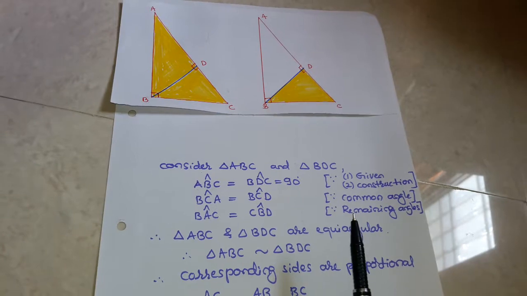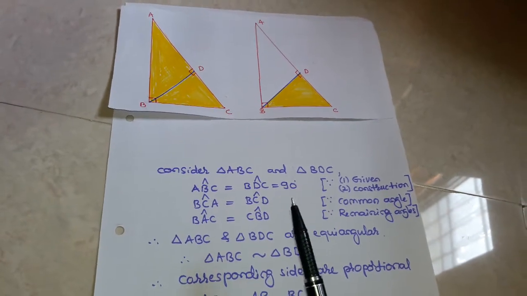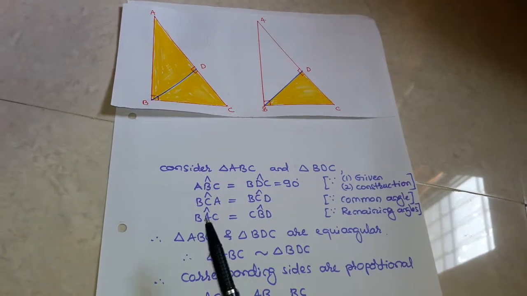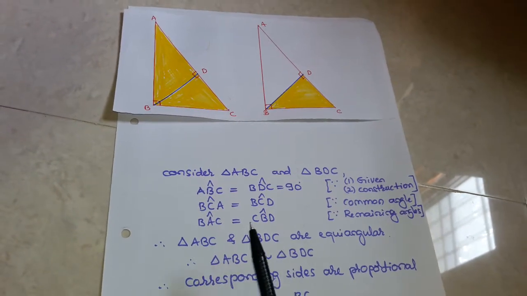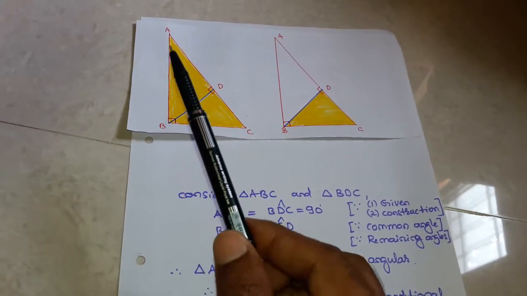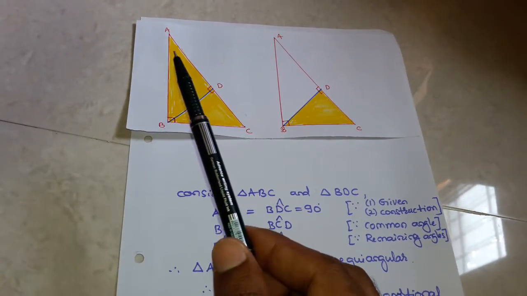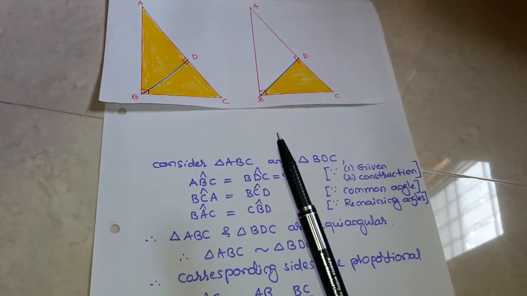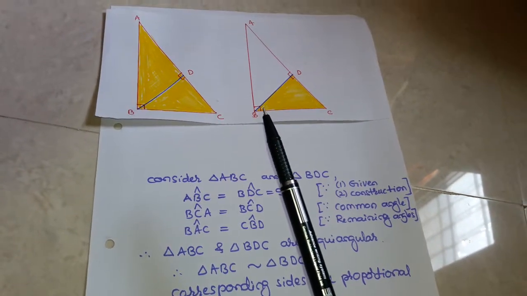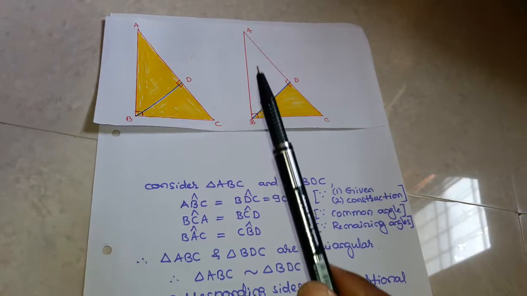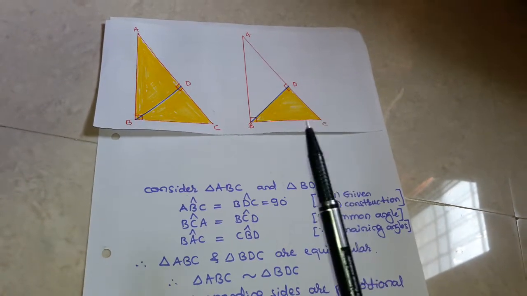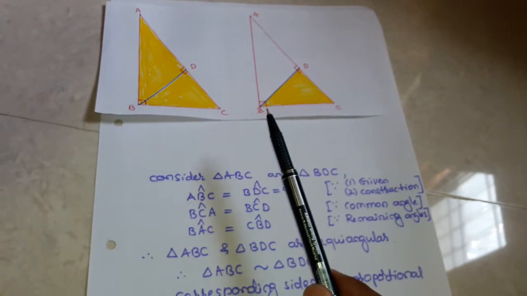Now the remaining angles have to be equal, because two pairs of angles from these two triangles are proved as equal with valid reasons. So the third pair has no reason to escape, that has to be equal. So BAC, that we had not used, and here CBD. See, this portion of the right angle, ABC is the right angle from the original big triangle, and CBD is this portion.